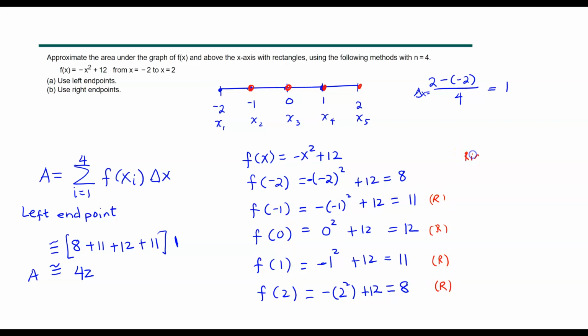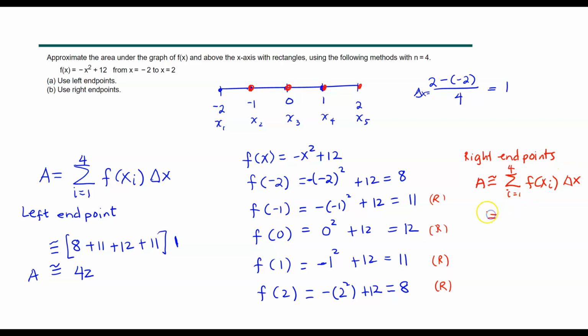So area is approximately equal to, again, the summation, and then the x sub i's here are the right endpoints, and i starts from 1 to 4. Those are the right endpoints, f delta x.